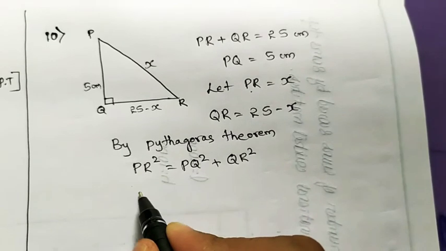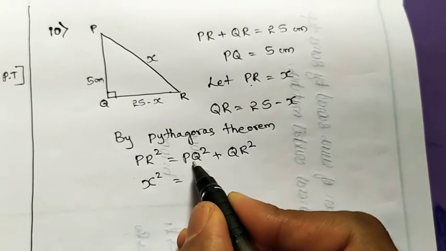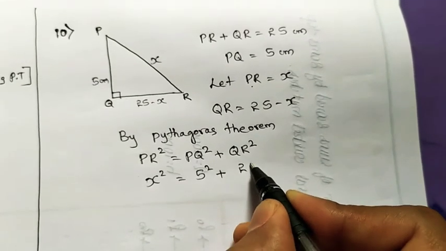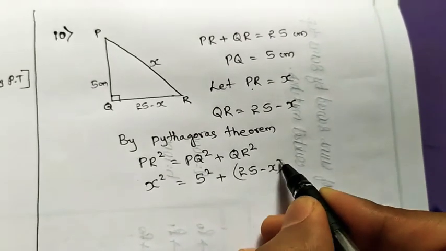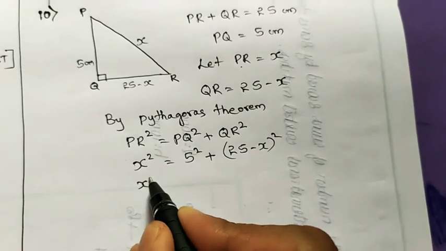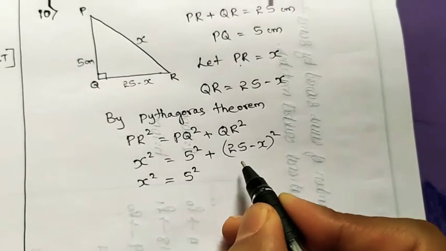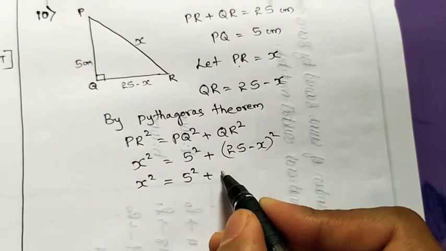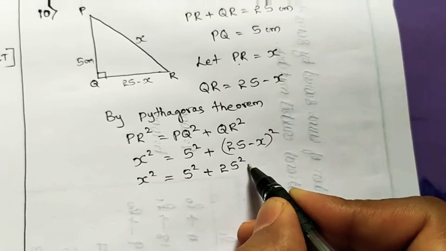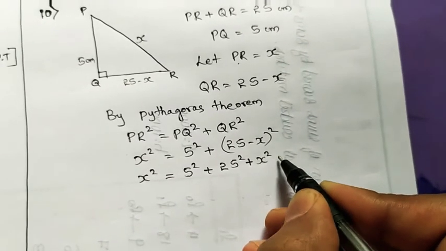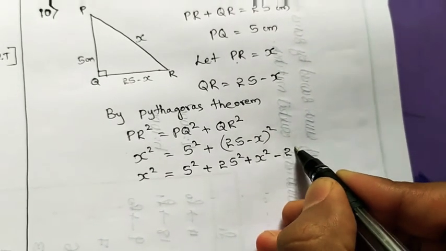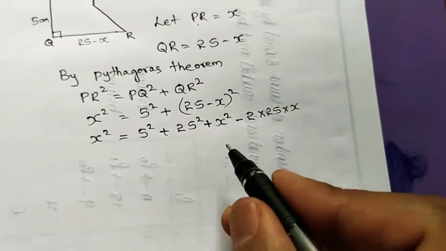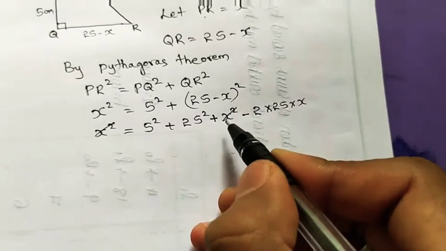PR is X, so X square equal to PQ, that is 5 square, plus QR, that is 25 minus X whole square. See, here it is in the form of the A minus B whole square identity. So that will be A square means 25 square, B square means X square, minus 2AB means 2 into 25 into X. Now X square gets cancelled.